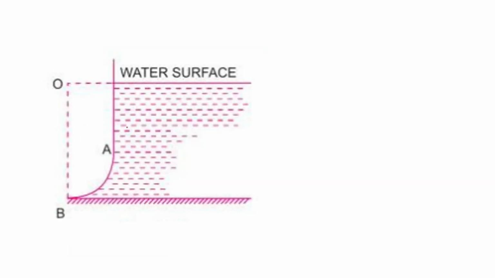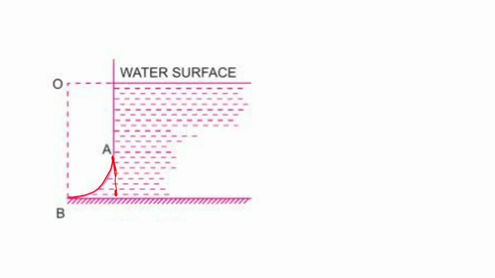Now there is a variation here. You can see that. So how will you find the force acting on this curved surface? See here, if you take the projected area of this curve, the projection will be something like this.